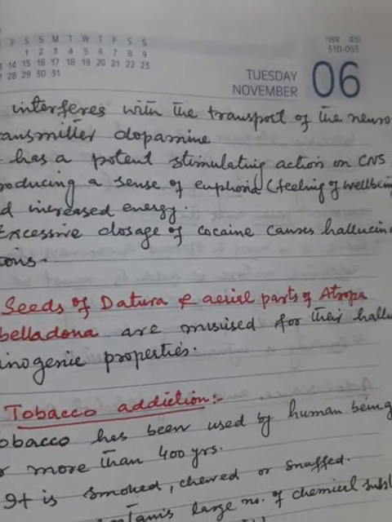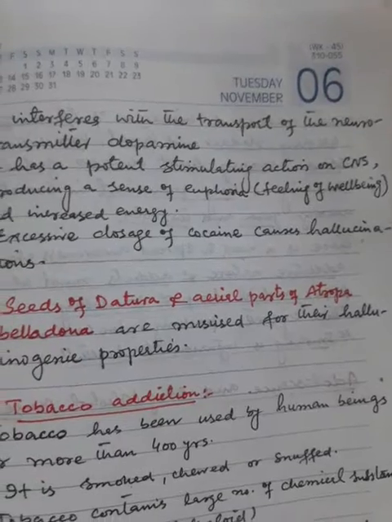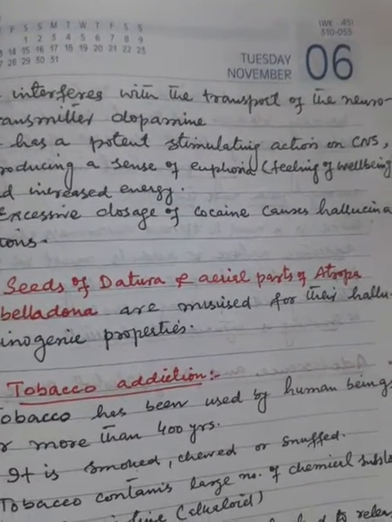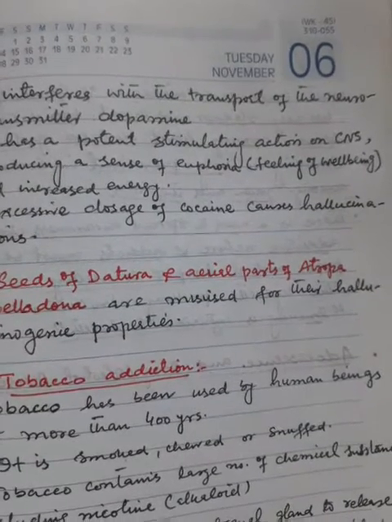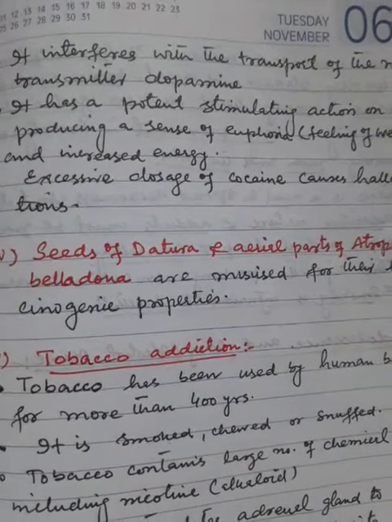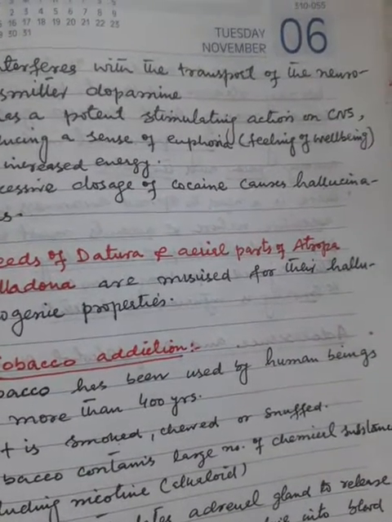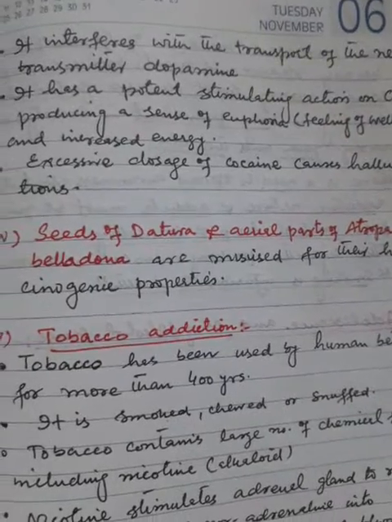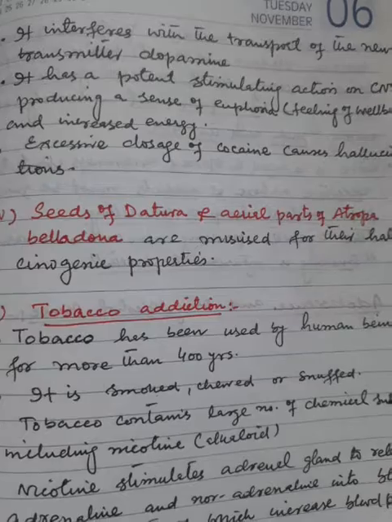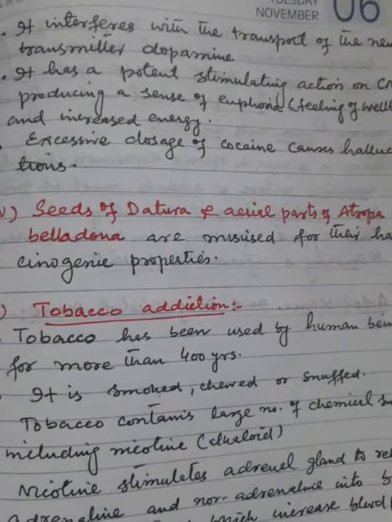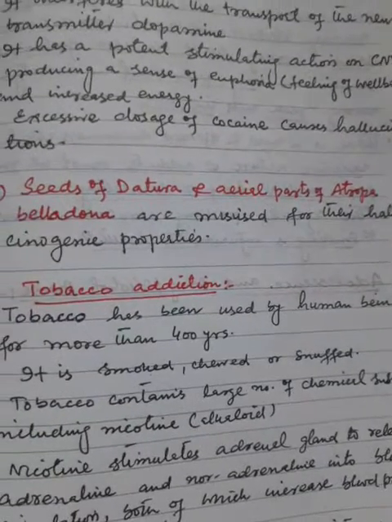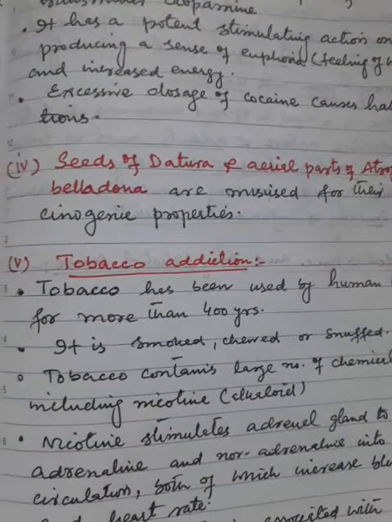It has a potent stimulating action on the central nervous system, producing a sense of euphoria. Euphoria means a feeling of well-being and increased energy. Excessive dosage of cocaine causes hallucinations. Now, seeds of datura and aerial parts of Atropa belladonna are misused for their hallucinogenic properties.